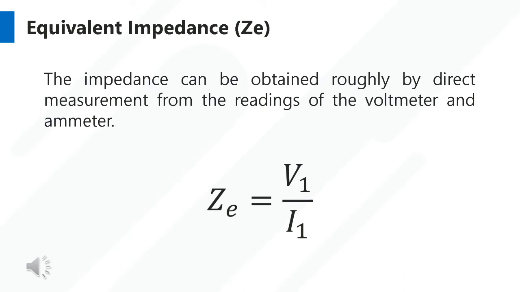So, ang next natin ay equivalent impedance. The impedance can be obtained roughly by direct measurement from the readings of the voltmeter and ammeter. Kung kanina is ammeter and wattmeter yung ginamit natin, dito naman is the voltmeter and the ammeter kasi yung formula natin ay equivalent impedance is equal to the voltage over current.